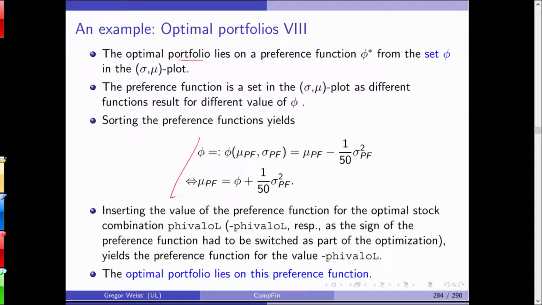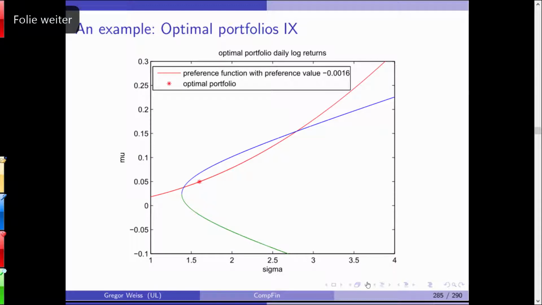Here you can see how you can plot the preference functions, which are the indifference curves, and obviously the optimal portfolio should lie on this preference function. And here you can see this is actually the portfolio we have optimized, and it is on this red indifference curve. So for example, the investor would be indifferent between a portfolio that is here or a portfolio that is here.